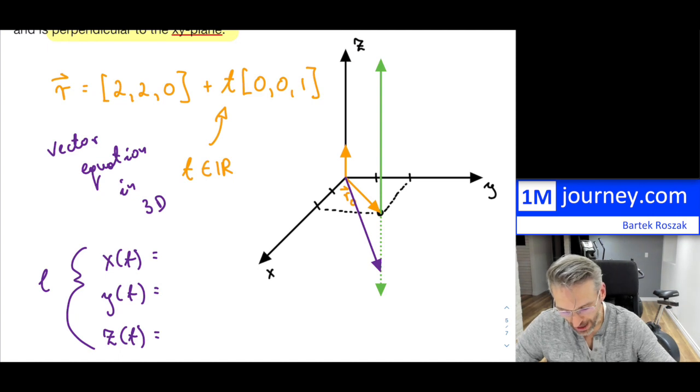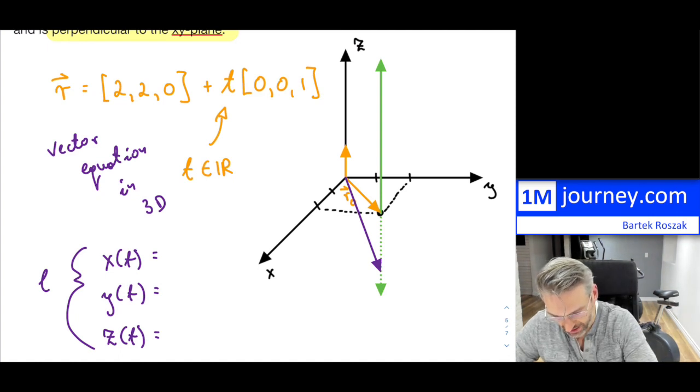So how we would do this is we just simply take our x components. So this x component is actually pretty simple because it's going to be just 2 plus my t times 0. But what is t times 0? It's just 0. So this is going to be always equal to 2. And then my y component, notice it's going to be the same thing.